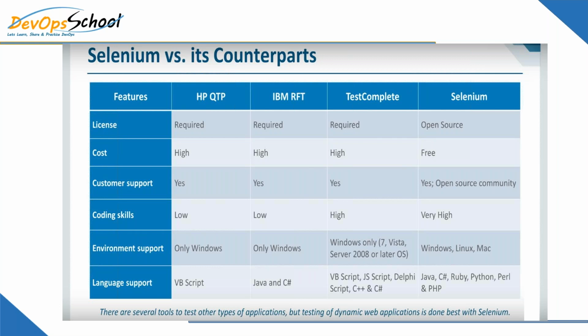In terms of license, it is open source, cost is free, customer support is community driven, which is much better actually. And coding skills, yes, to learn and to implement automated browser-based testing, you need to have a little bit higher coding skills. Except that, everywhere Selenium is leading the domain.